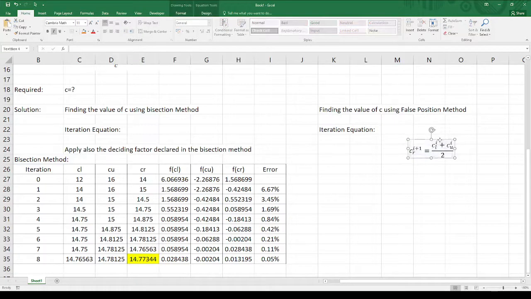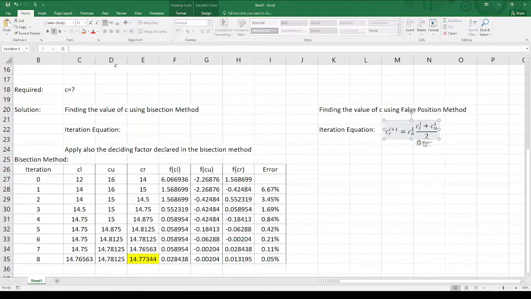So sa regular falsi or false position method, you have CU. So I will copy this one para mas madali.